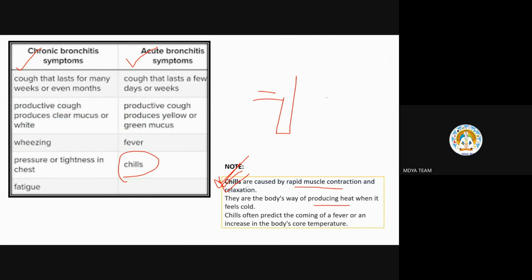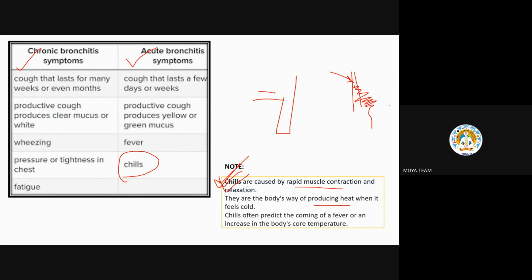So what is chills? As you know, homeostasis is to maintain the balance of our body. So what happens when we feel cold? In order to counter this cold, our body's muscles rapidly contract, relax, contract, relax, so that it will provide a little warmth to the body.